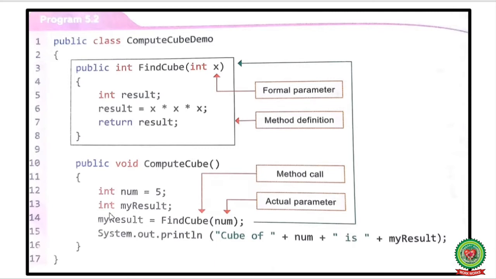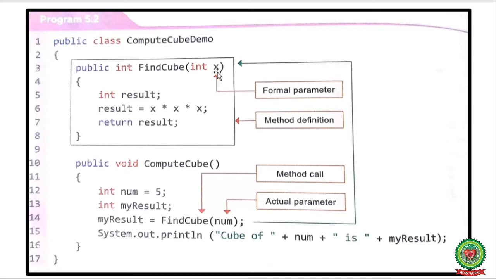Look at program number 5.2 on page number 90. Here, a class is there, ComputeCubeDemo. This demonstrates method definition, and x is a formal parameter.